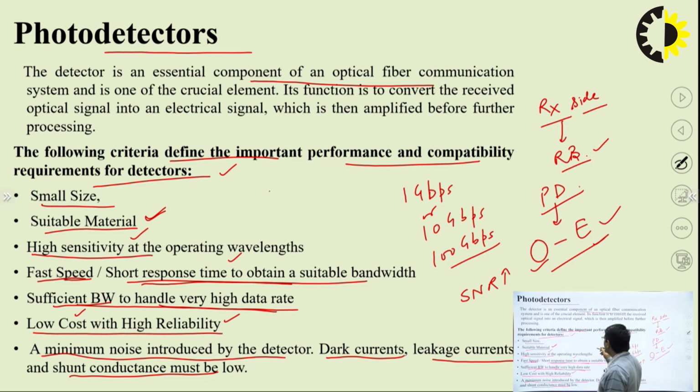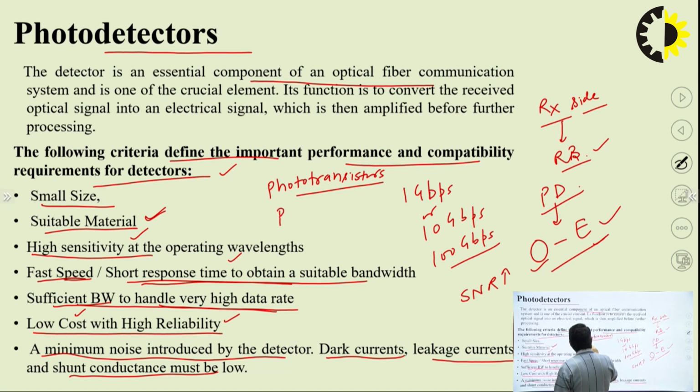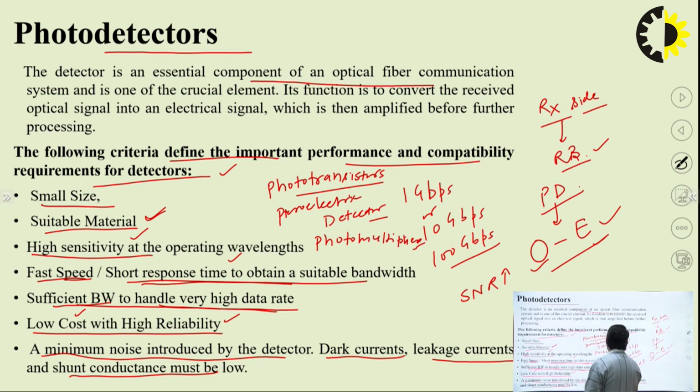For example, phototransistors, pyroelectric detectors, and photomultipliers can also be used for optical to electrical conversion.